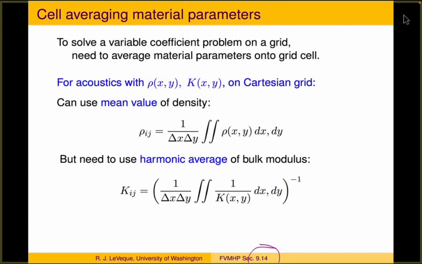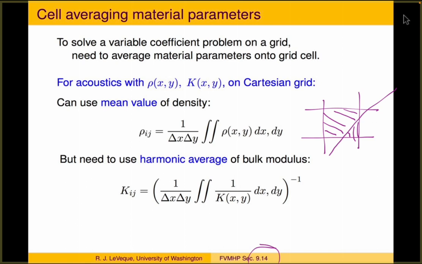And in particular, if we're looking at, say, a Cartesian grid, and we have just a sharp interface between different material properties, with one set of properties on one side and another set on the other side, then over a grid cell, we would, for example, take the fraction of the cell that lies in the left state and compute the fraction of the cell that lies in the right state, and then we could average the density.